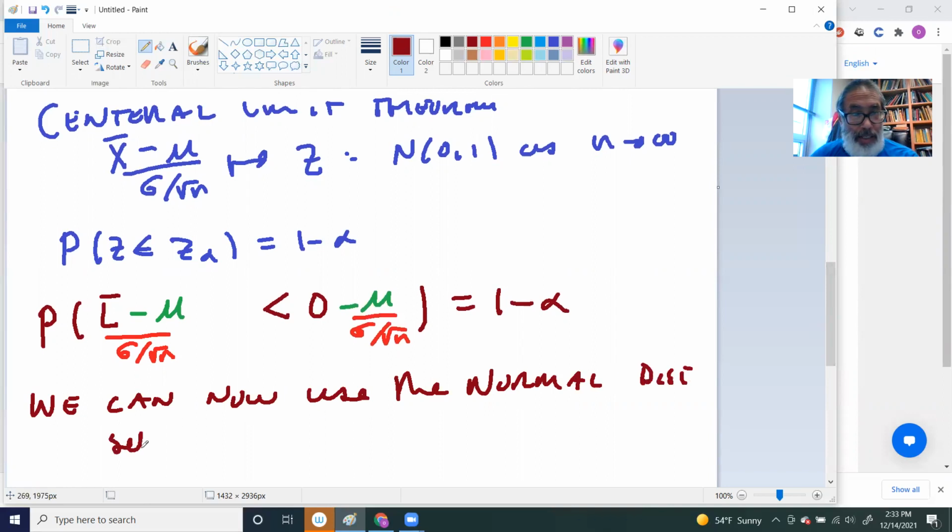And we could set minus mu over sigma over the square root of n to be z alpha. See? That's a good place to be.